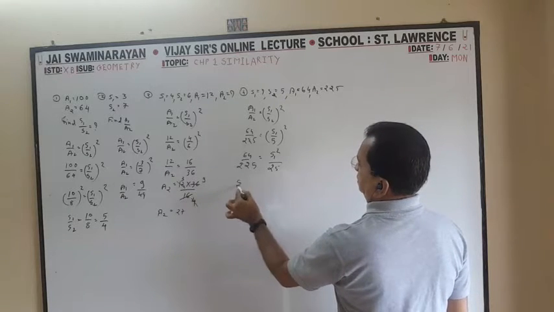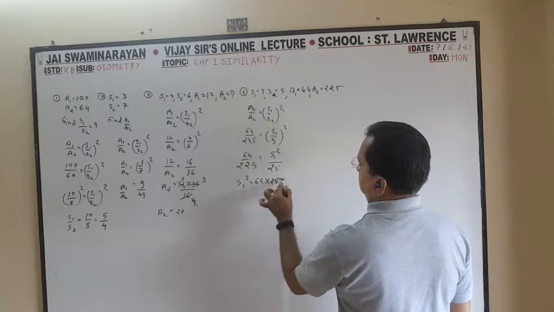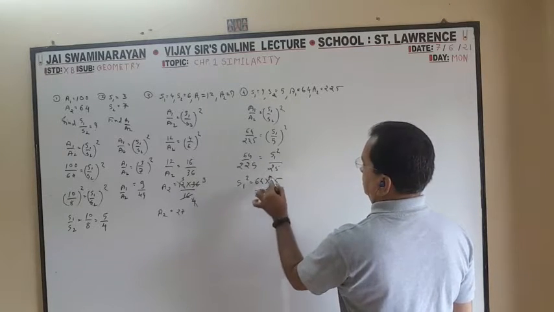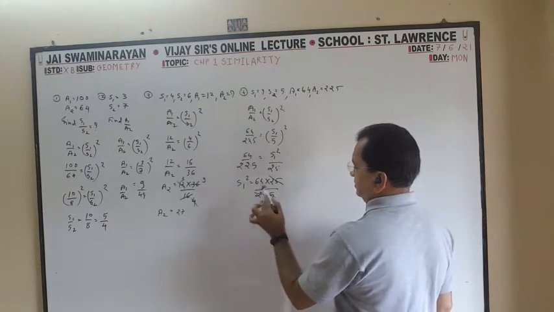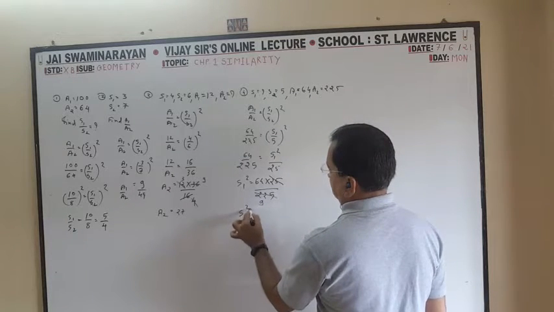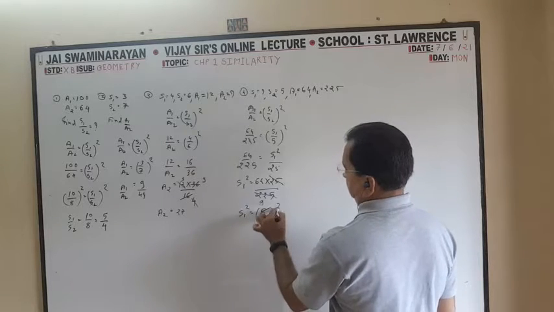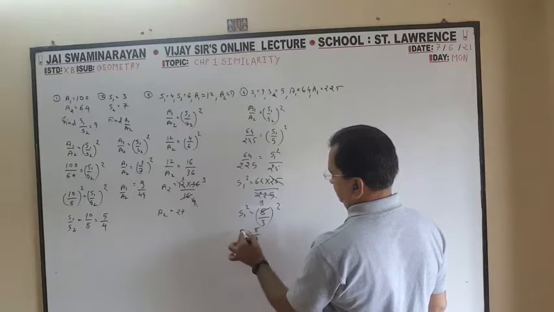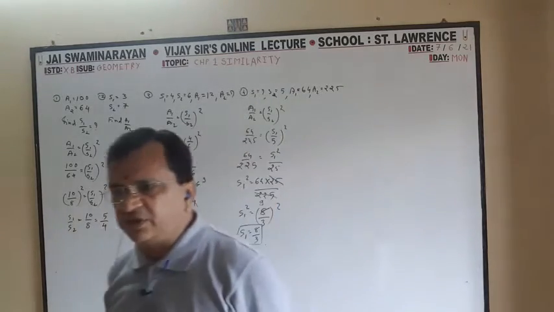Now cross product: this into this, divided by this. 25 9s are 225. So S1 square is equal to 8 8s are 64 by 3 3s are 9. Take square root. So S1 is equal to 8 by 3. 2.6666 also you can write.